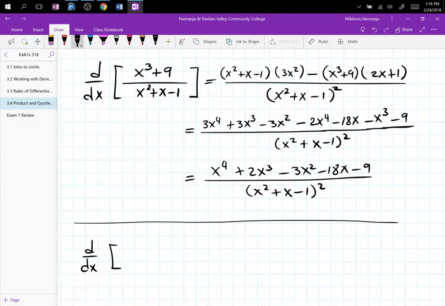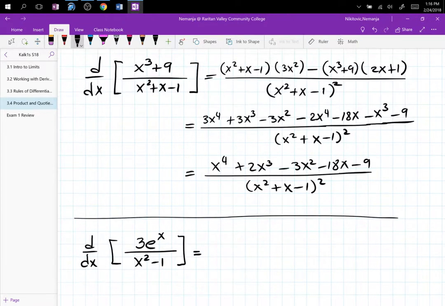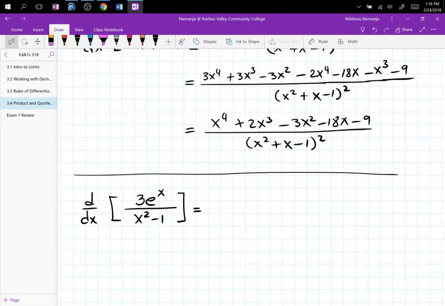Find the derivative of 3e to the x divided by x squared minus 1. We can make this the last example for today. Same procedure. Denominator gets squared in the denominator.